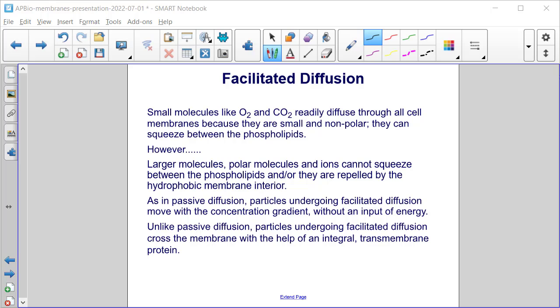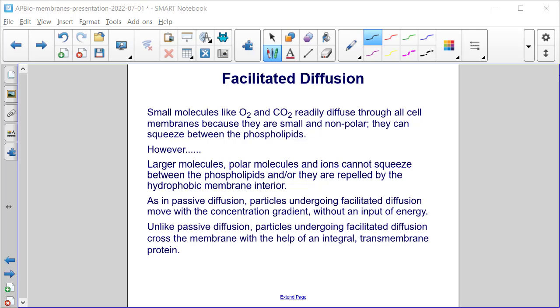Facilitated diffusion. Some molecules, like oxygen and carbon dioxide, readily diffuse through all cell membranes because they are small and nonpolar. They can squeeze between the phospholipids. However, larger molecules, polar molecules, and ions cannot squeeze between the phospholipids, or they're repelled by the hydrophobic membrane interior.